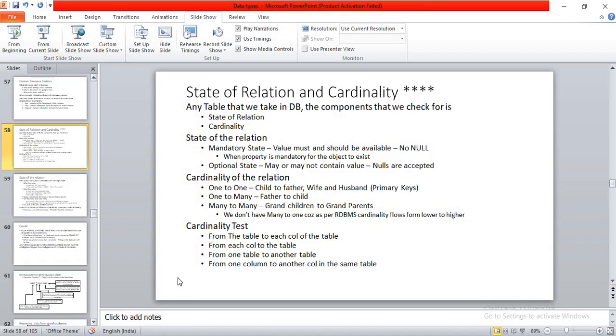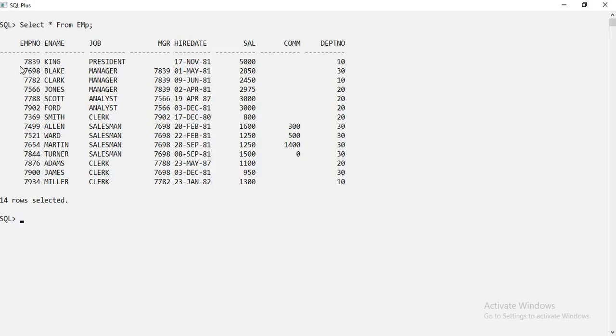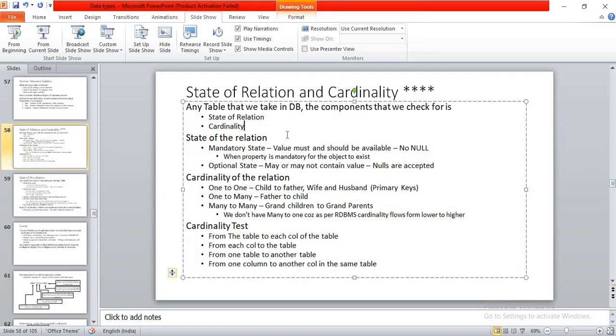So when we are talking about state of relation, the state of relation always talks about a column. When you have a column, what state is it always in? By state I mean whether it is in a mandatory state or an optional state.